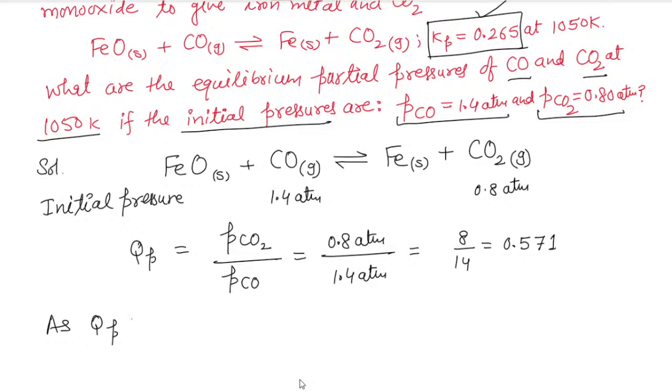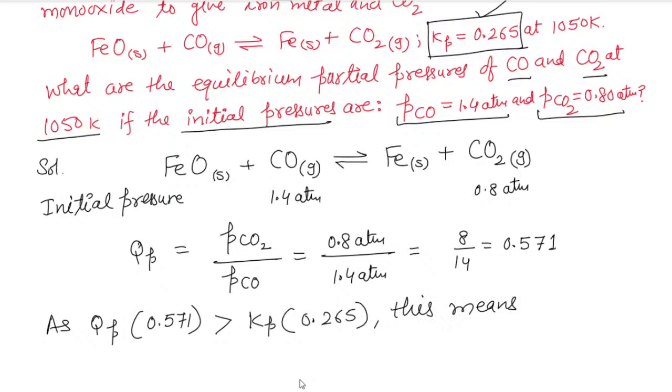As Qp is greater than Kp, that is, 0.571 is greater than 0.265, what does it mean? Tell me, which direction will the reaction go, forward or backward?